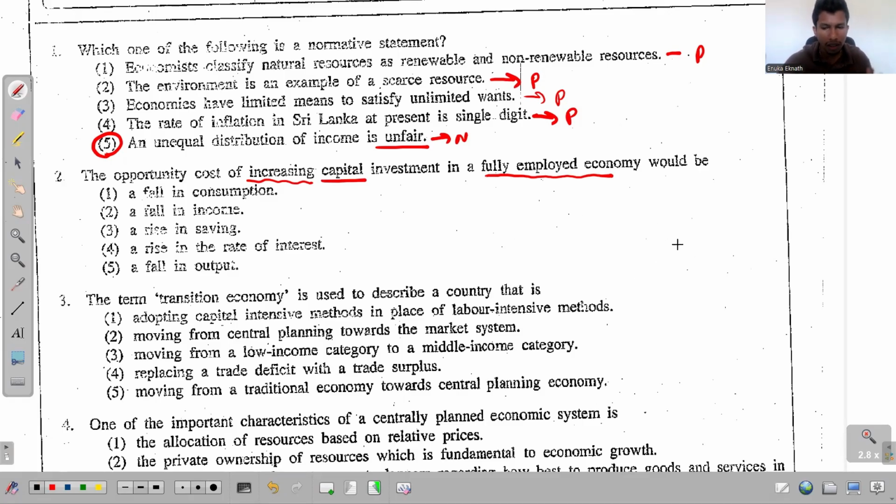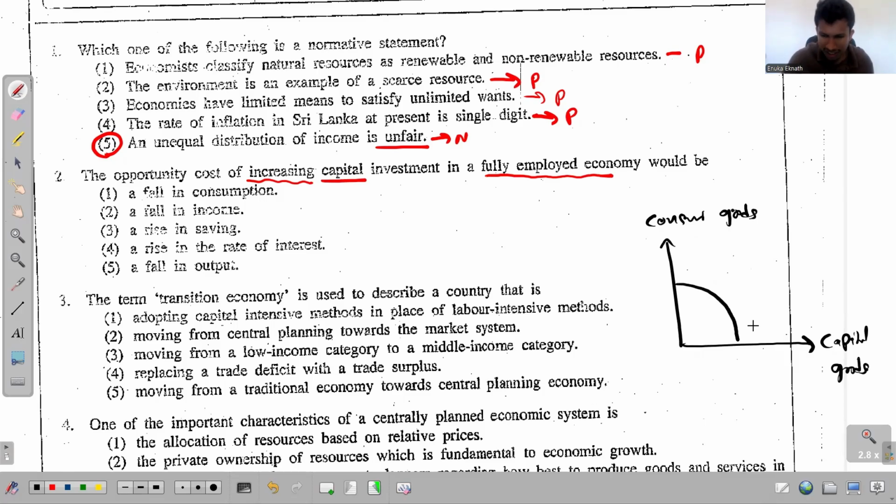We need to assume that this economy produces these 2 goods. On this side, let's say we have capital goods, and on the other side, let's say consumer goods. Right now, since the economy has achieved full employment, we can assume that this economy operates at a point on the PPC. So what happens now?